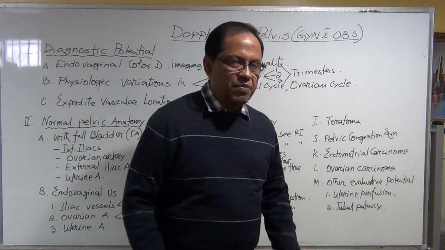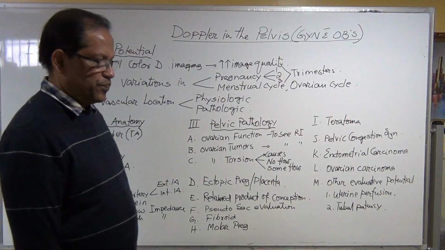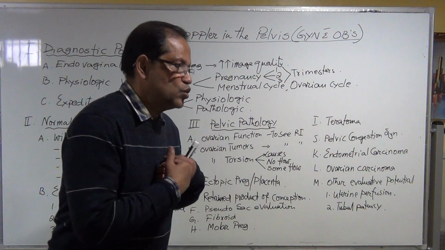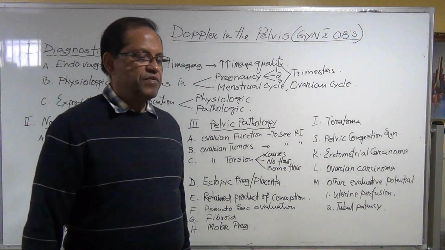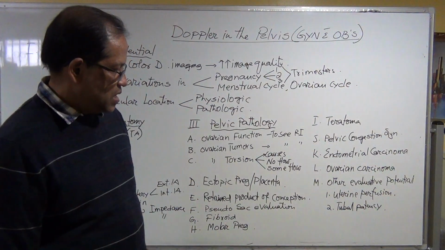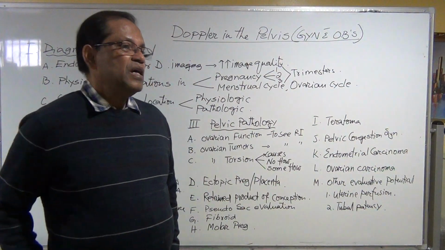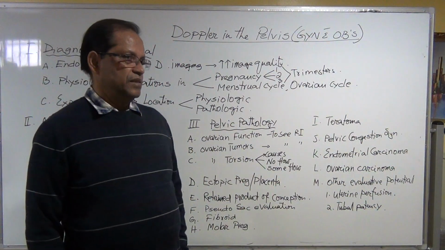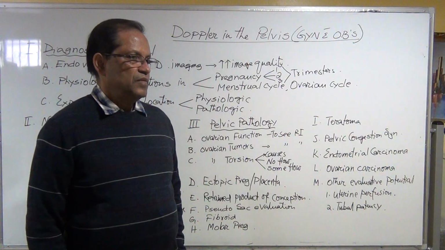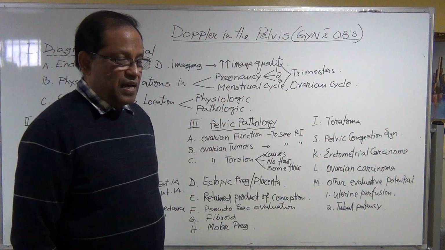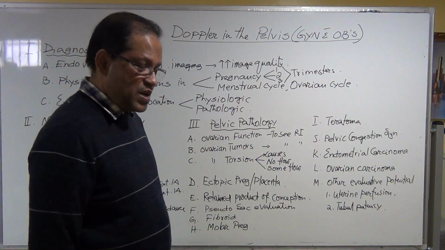Uterine perfusion. Perfusion means what? The supply of blood to the tissue level. Many women may lose the pregnancy, and we call it miscarriage. Sometimes miscarriage happens one after another.